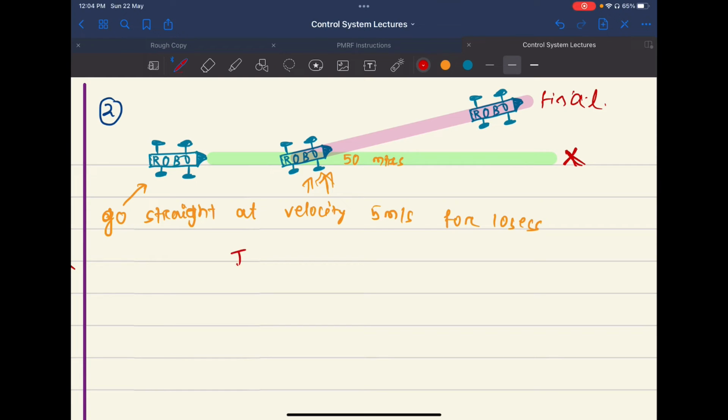Suppose now we close the loop, meaning we add some sensor, like here a temperature sensor, that detects the temperature, and our strategy will be that when it reaches 85 degrees or some value, then switch off.